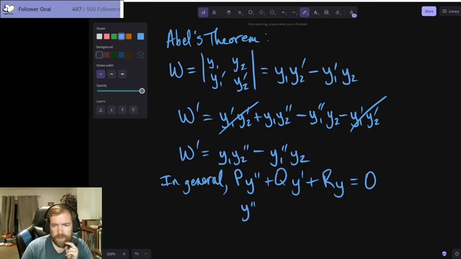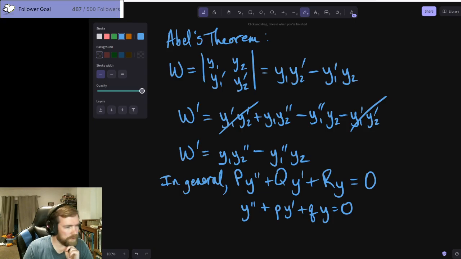Or we divide through by big P, and then we get y double prime plus lowercase p y prime plus lowercase q y equals 0.